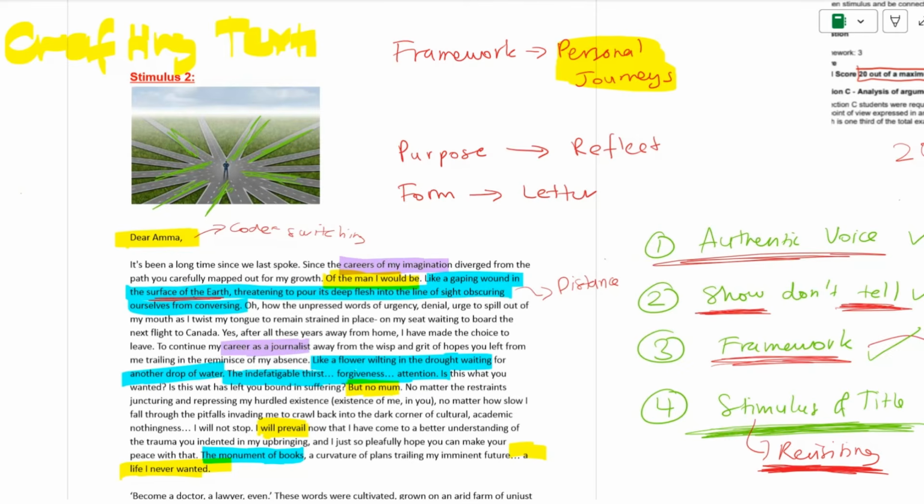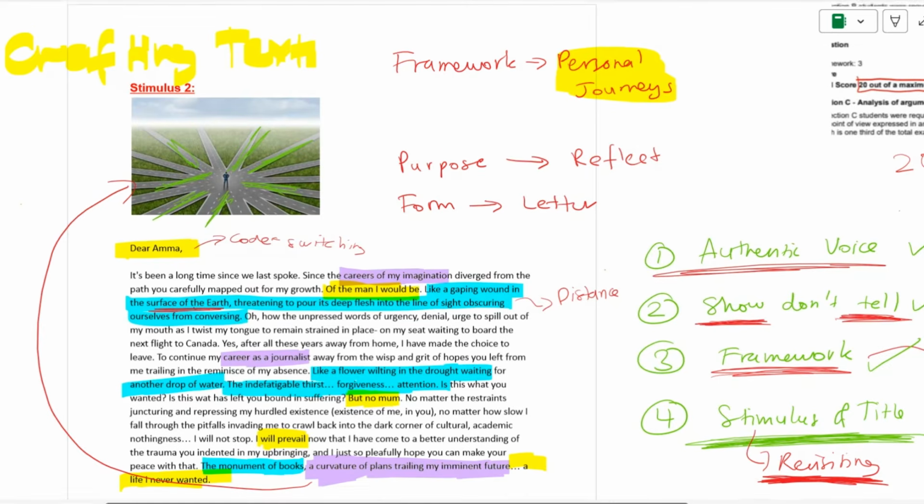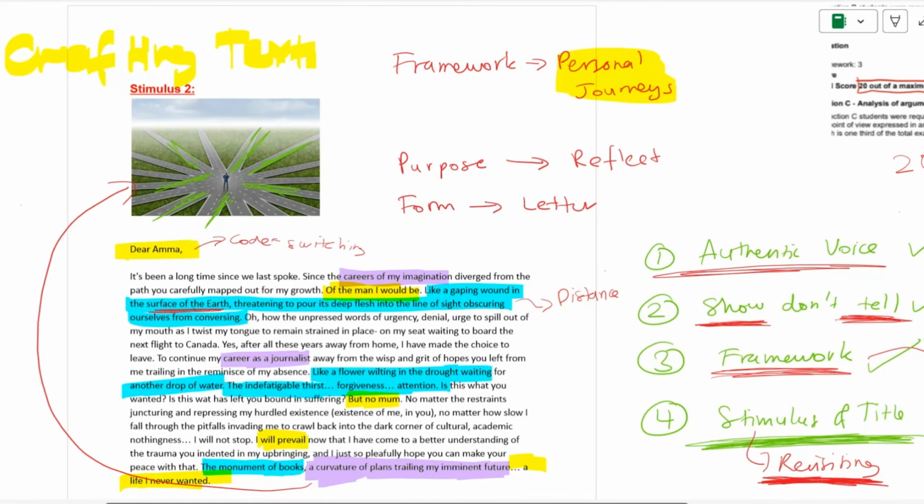Obviously talking a lot about cultural expectations, and a curvature of plans trailing my imminent future. That curvature of plans is linking back to the multiple avenues of roads, or in other words plans that are surrounding me.